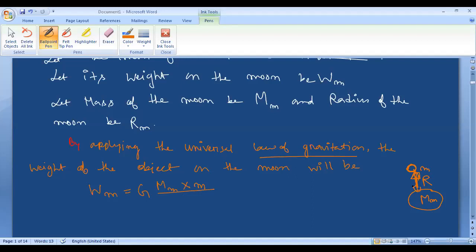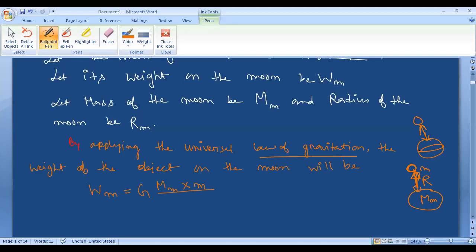Now in the second class, I discussed these things. When a body is near to the bigger one, we have to consider the distance between them as the radius of the bigger one. When a body is near to the Earth, the distance between the body and the Earth is considered to be the radius of the Earth.